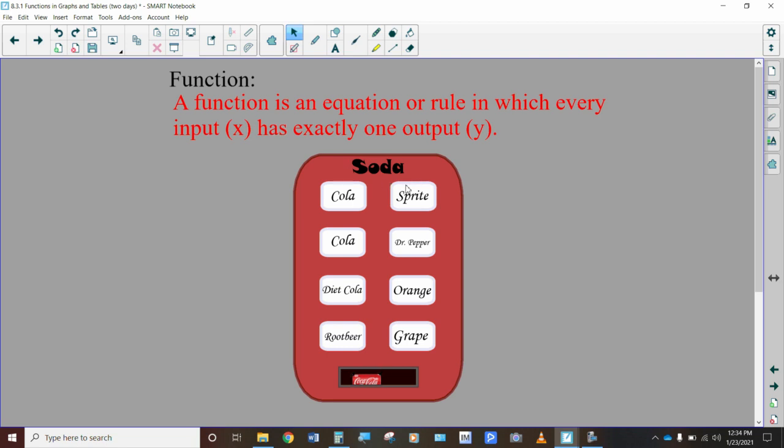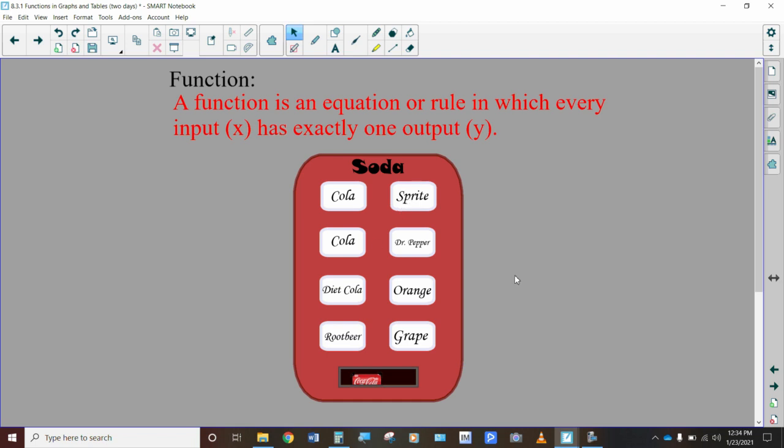Hold on for a second, I'm sorry, I'm messing this up. You can have that. But when you press the Sprite, you expect the Sprite to come out, right? If you press it again and the cola comes out, that means it's not working properly. So you can have more than one input giving you the same output, but you can't press the same button over and over again and get different sodas and have this machine be working.